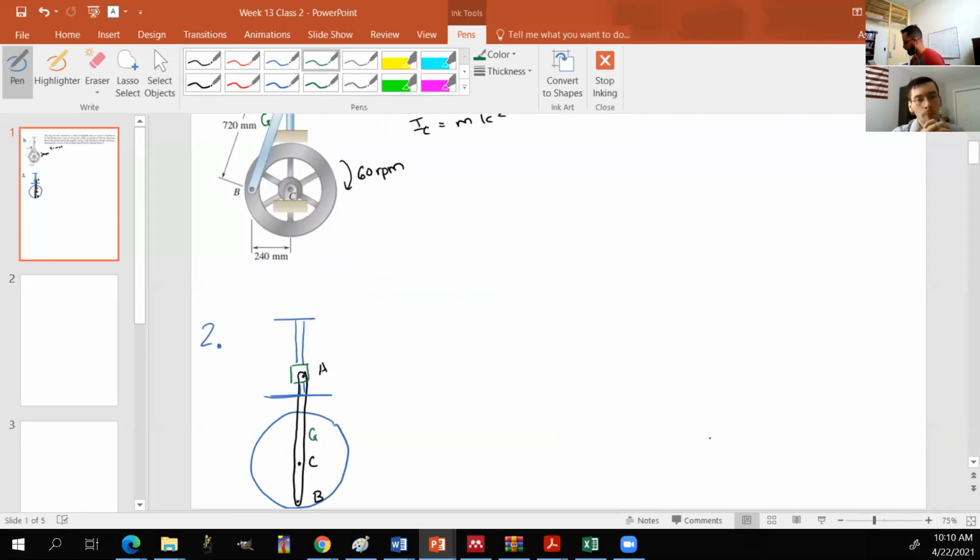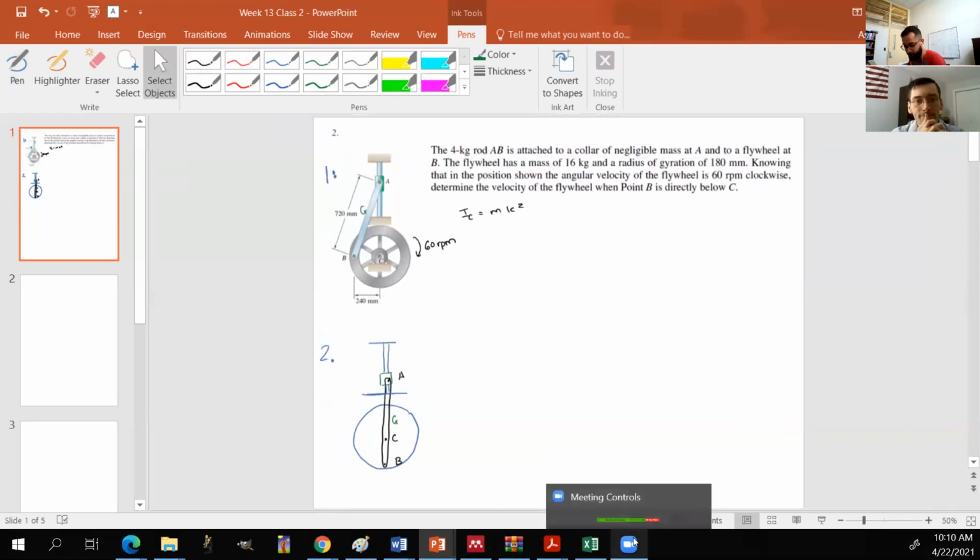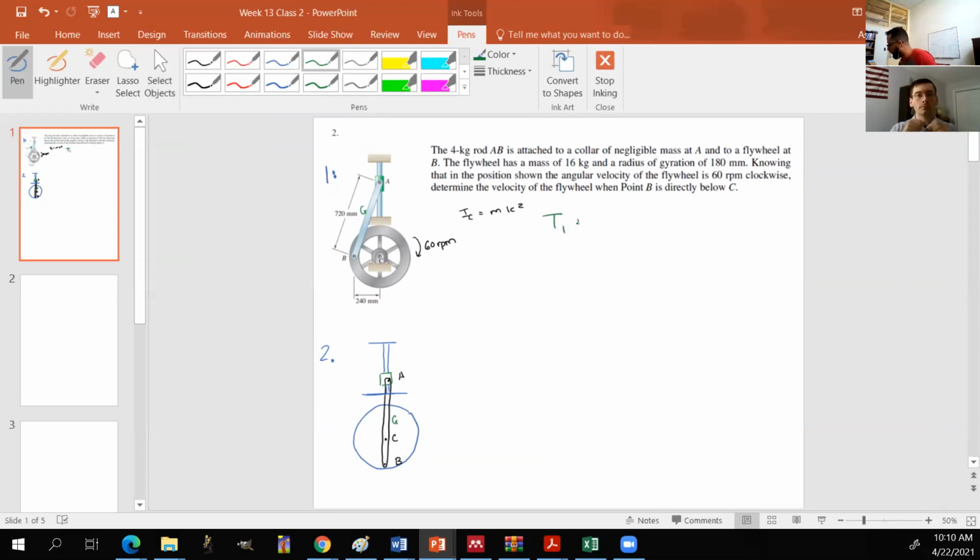Those are all of the things that we are going to figure out. All right. So in this position, everything is described, right? So all I'm going to do in this problem is I'm going to equate my kinetic energy at position 1 plus my potential energy at position 1.